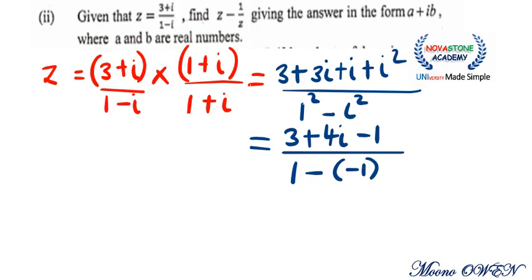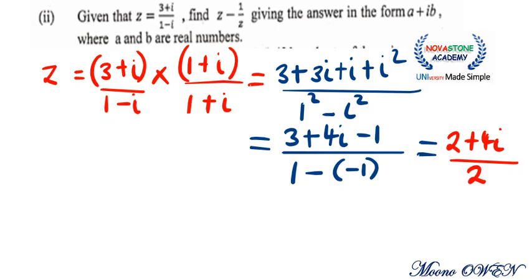Now on top, 3 and negative 1 are like terms, so 3 minus 1 gives me a 2, plus 4i. Coming down, the minus and the minus multiply to give a plus, so 1 plus 1 gives me a 2.